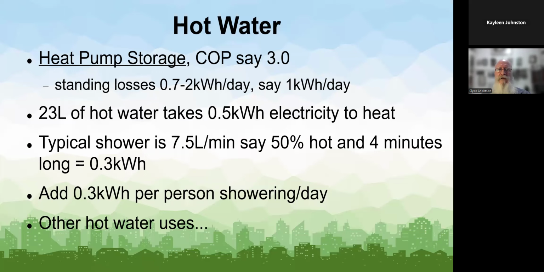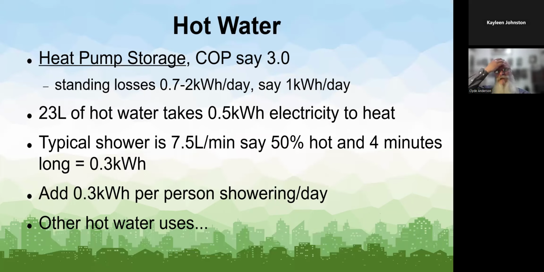So your standing losses for a heat pump storage tank, typically they would be in a garage, but sometimes they're on the outside of the house. Well, let's say standing losses would be about 1 kilowatt hour a day. And then to heat the hot water, you're using a third, you're using 0.5 kilowatt hours for 23 litres of hot water. So your typical shower is about 0.3 kilowatt hours per person per day.